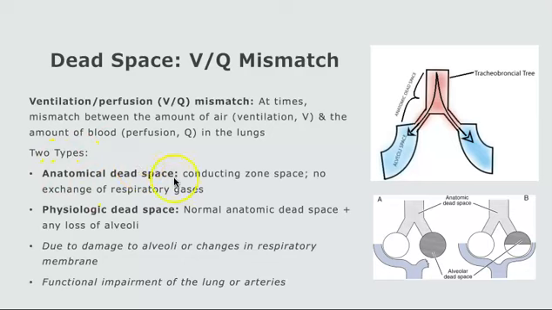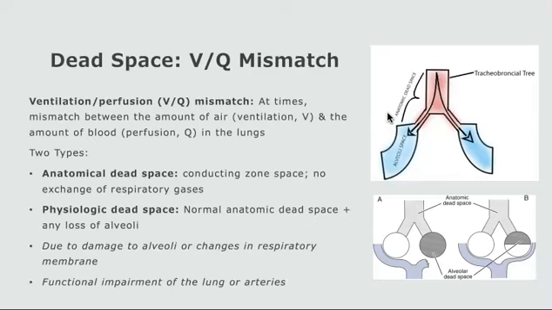First, we have our anatomical dead space, and think anatomical, more of our structure, more of the ventilation process taking place, where it is our conducting zone. We're just bringing that air in and out of a space. There's no gas exchange taking place. So there's areas where the air might be, but again, we're not having gas exchange taking place.